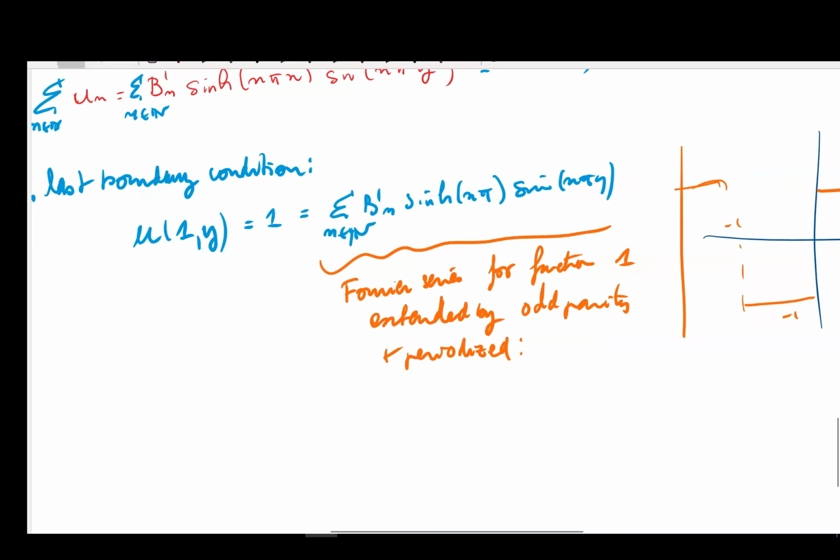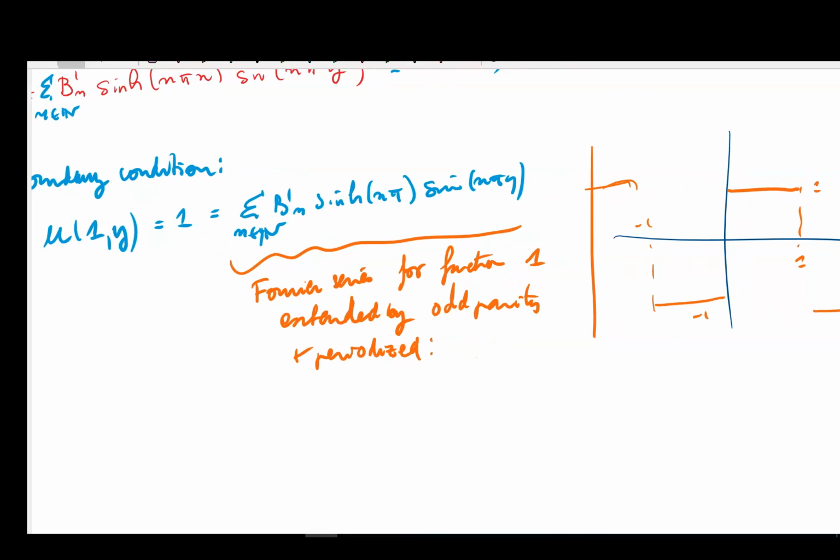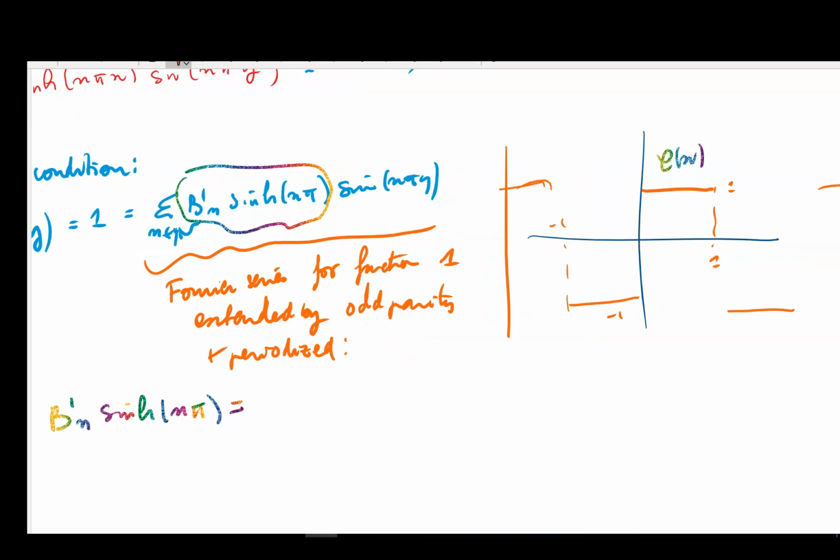So that means that I know these coefficients, b prime n sinh of n times pi, are going to be given by the Fourier series formula. Let's note this function phi of x. If we apply the formula, that should be 1 over half a period, and my period is 2, so 1 over 1, integral between -1 and 1 of phi of x sine n pi x dx.